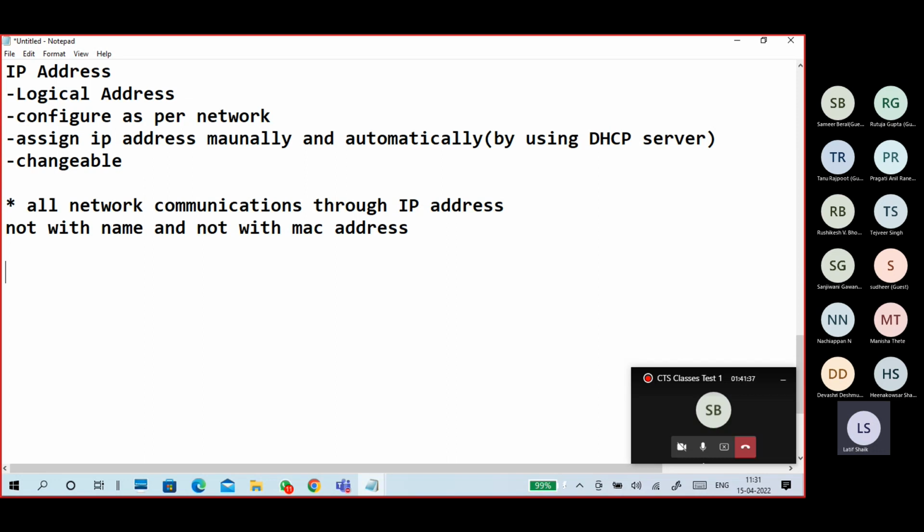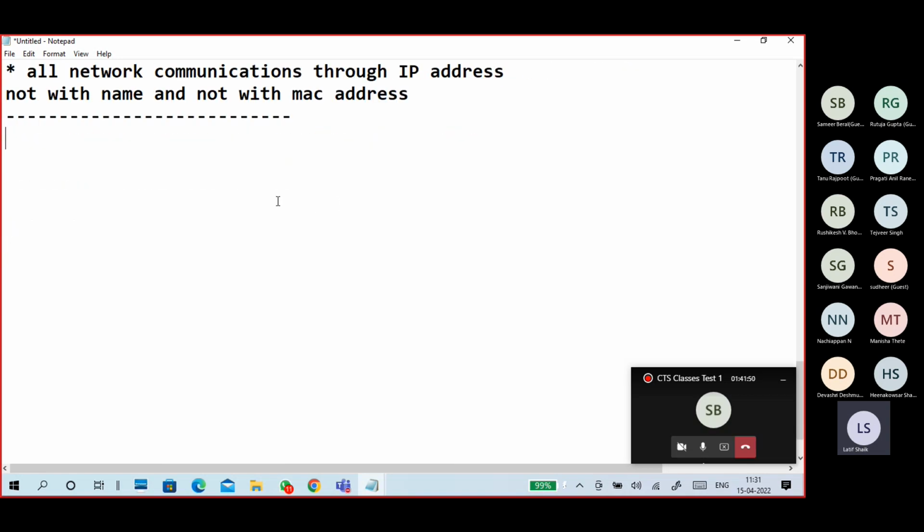In communicating, we use the MAC address, but we are not communicating to the MAC address. These are the first points, because it's a common question, that's why I told that one.